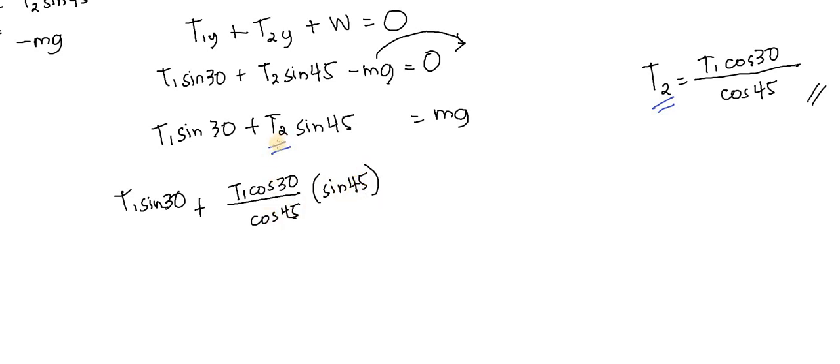We just substitute again the value of T2, so that we can have only T1 and we can add these variables. Equal to mg, so m is 5.6 kilograms from your given, multiplied of course with the acceleration due to gravity, 9.8 meters per second squared. So we can solve for the value of this, and this will be 54.88.